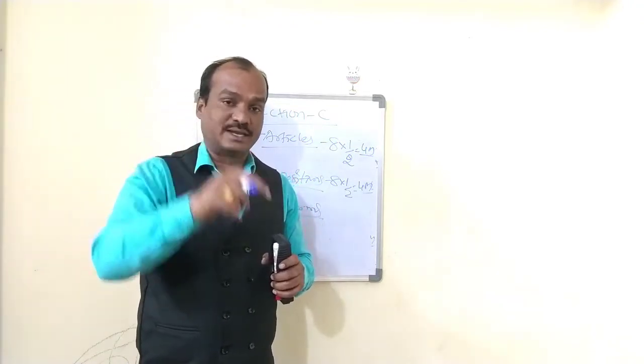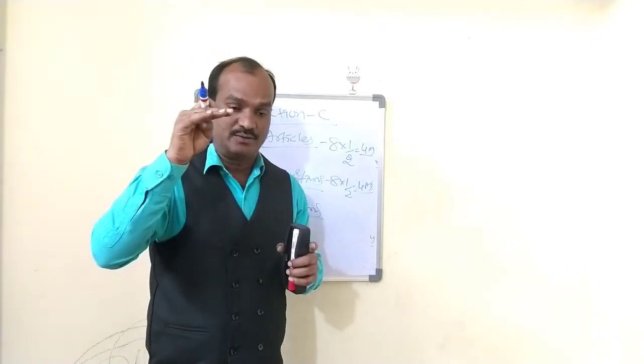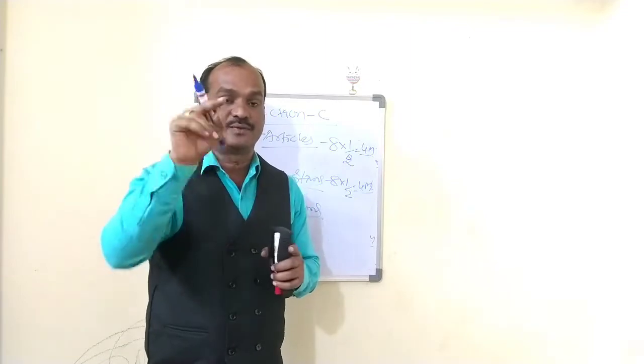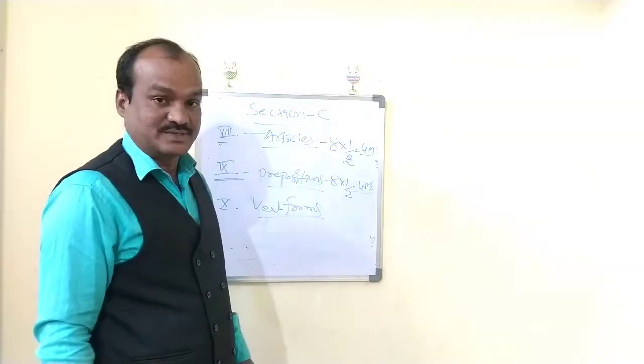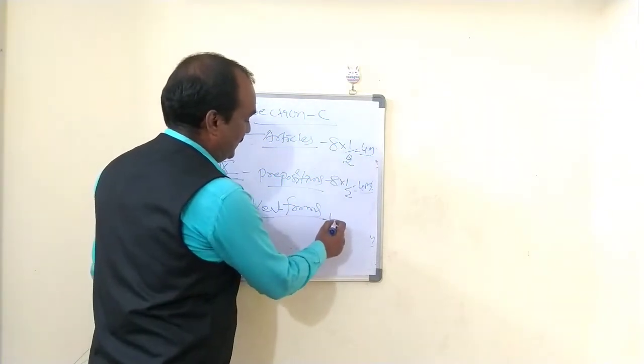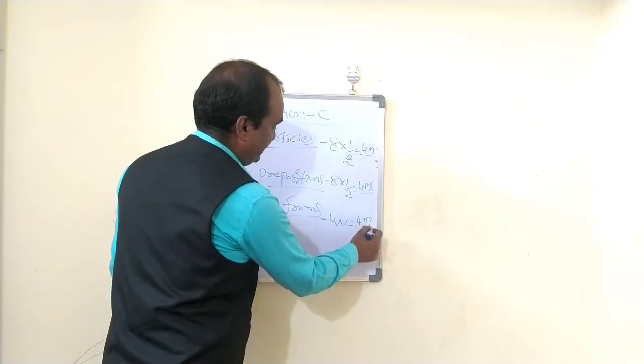Based on the tense we need to fill in the blanks with the suitable form, the form which suits best over there. So again, verb forms, you will get 4 into 1, 4 marks, right?